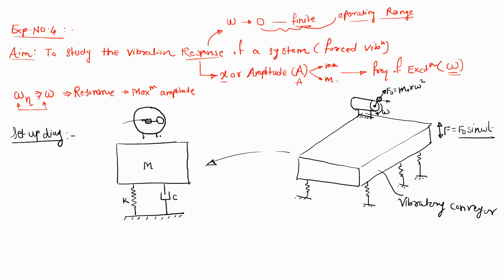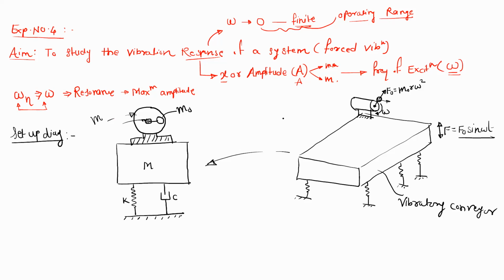Now this motor is connected on this mass. And this is the eccentric mass, which is called m0. This capital M is the mass of the platform. So m0 is the eccentric mass, and for the motor, the mass is taken as m.